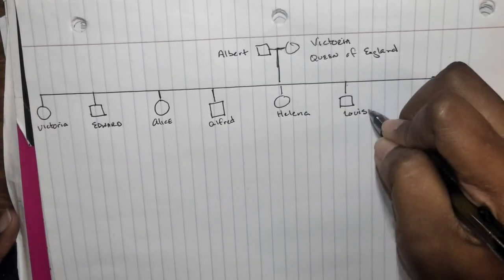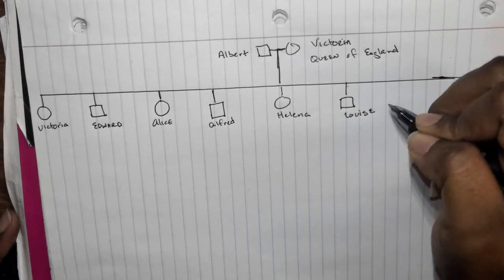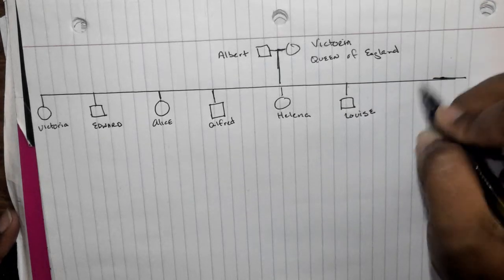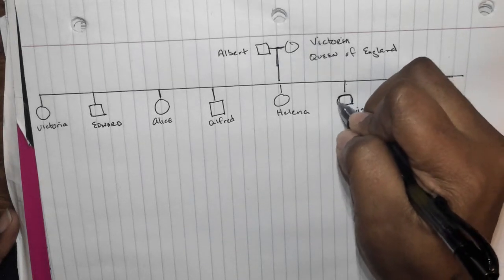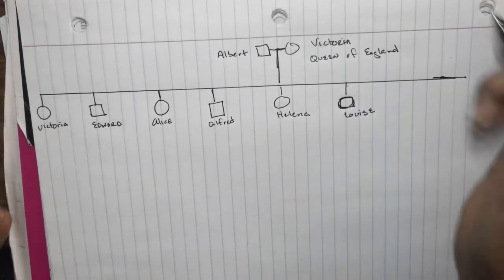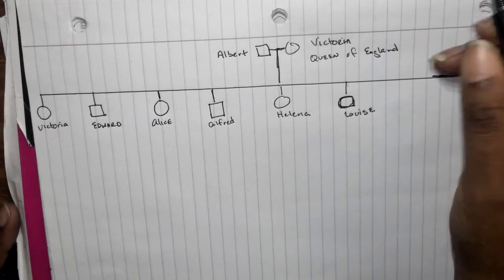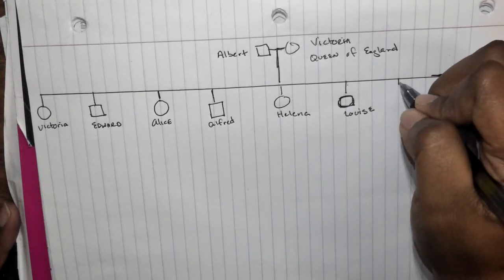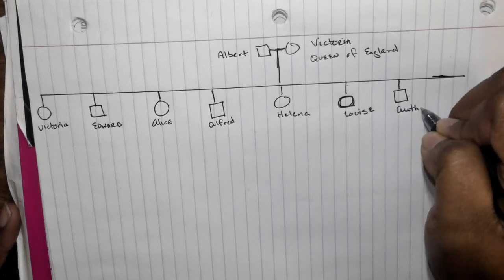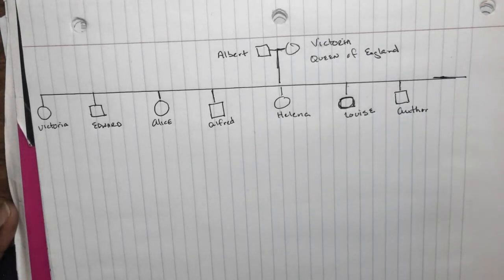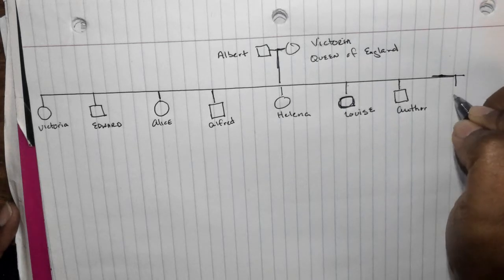Y'all, this chick had a lot of kids. There's Louise. Sorry, Louise is a girl. Yeah, Louise is a girl. My bad. Make that square a circle. And then we got another one. Arthur. And then we got another one.